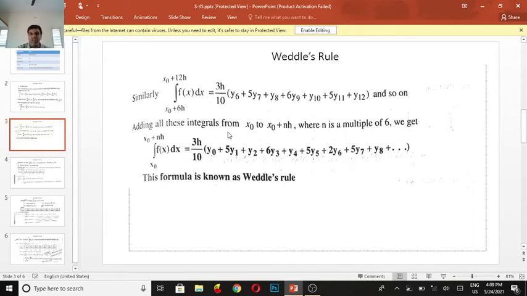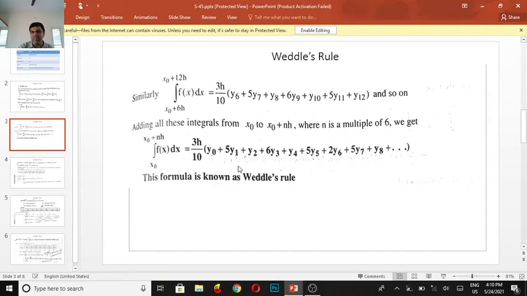Adding all these integrals from x0 to x0 plus nh, where n is a multiple of 6, we get the integral of f of x dx equal to 3h by 10 times y0 plus 5 y1 plus y2 plus 6 y3 plus y4 plus 5 y5 plus 2 y6 plus 5 y7 plus y8 plus, etc.